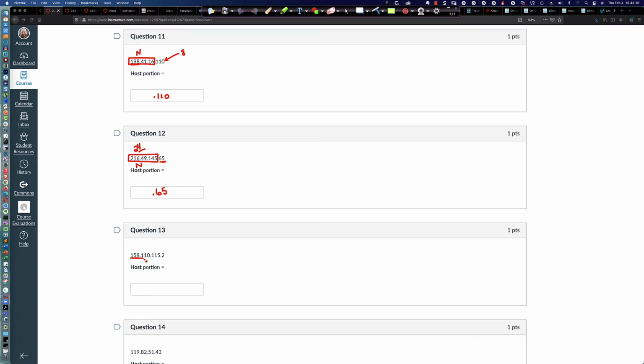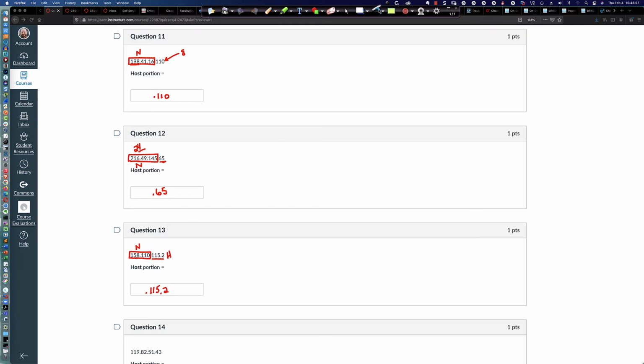And so Class B, meaning /16 for a classful subnet mask, the first 16 bits or the first 2 octets of the address are the network portion. And whatever we have left over would be the host portion. So .115.2. And that's the answer for number 13.